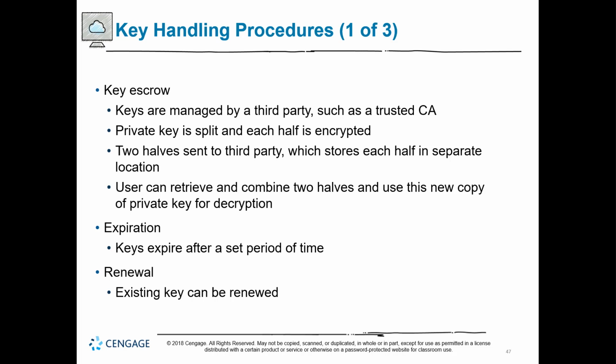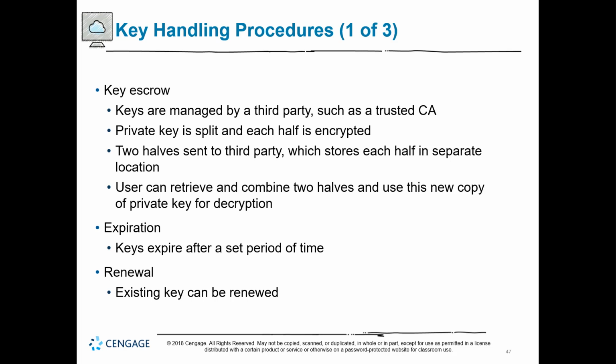That way, not the full thing is stored in one location and is less susceptible to brute force attacks and other types of theft. The two halves are sent to the third party, which stores each half in separate locations. That way, in order to breach a key, you have to have two different locations breached, not just one.